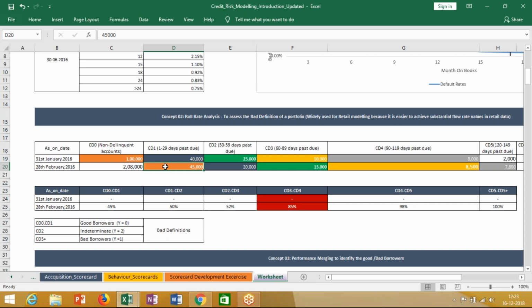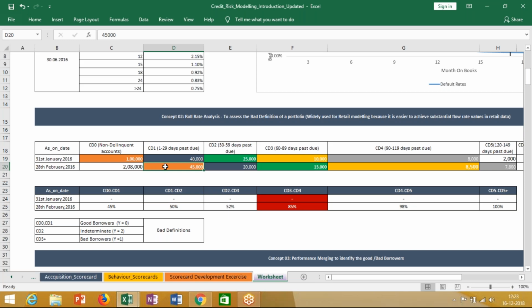Whereas, if you look at the flow from CD3 to CD4, once a balance hits the CD3 bucket, you can see that 85% of the balances flow up, followed by 98% and 100%.